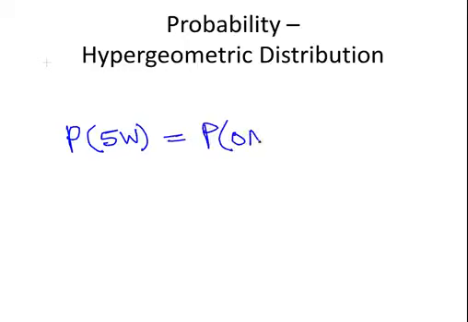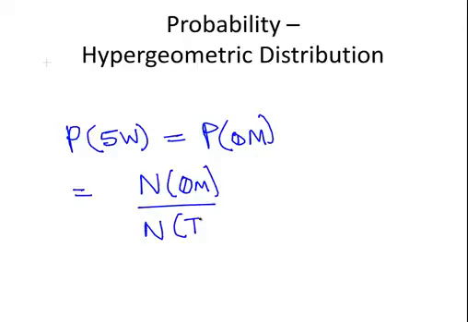It's directly equivalent, but that's a 0 there. 0 men, that's equal to N 0 men, or in other words 5 women, divided by the total number of ways we can have 5 people picked from 9, and that is 1 divided by 126.